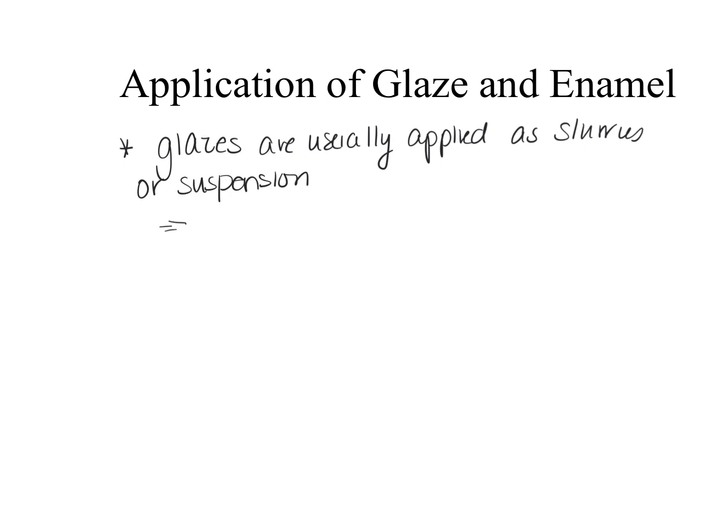Right? And they can be applied by dipping. So you might dip the piece in a glaze. You might spray the glaze on a piece, or maybe you paint it on.